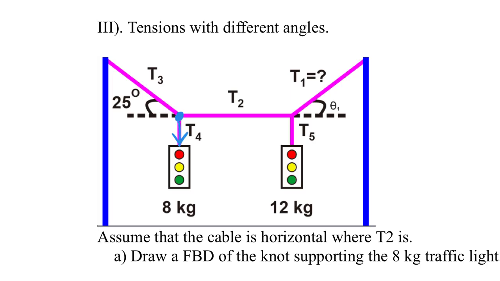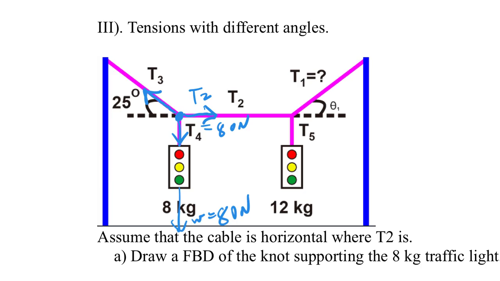There's T4, and from what we said before, the weight is mg, 80 newtons. So T4 has to be 80 newtons on the block. Okay, we got T3. I don't know what that is. Then we got T2 pulling back at it. Let's label it. Okay, we got the angle already.